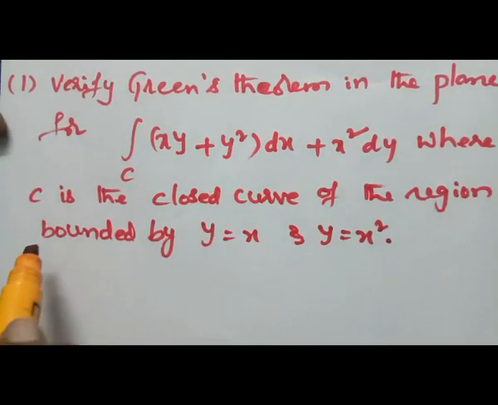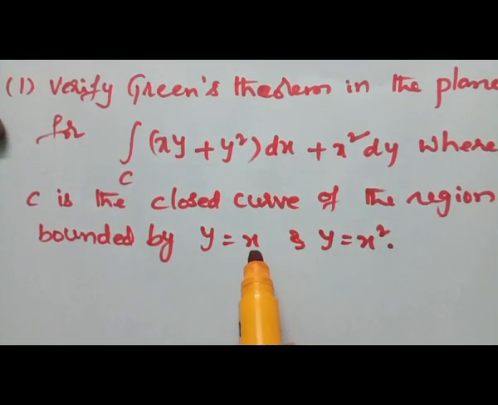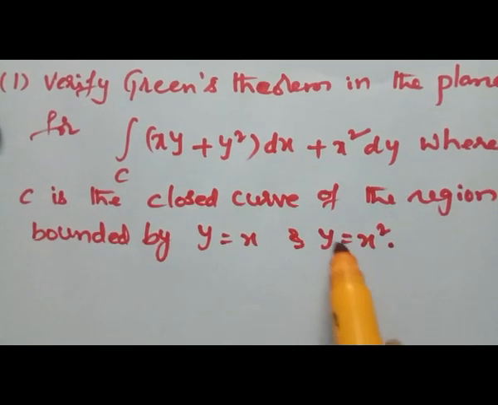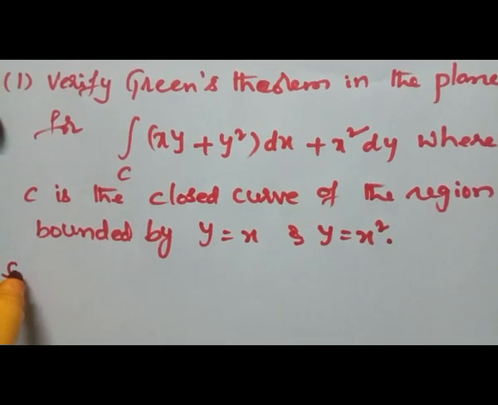Y is equal to x is a straight line passing through the origin. Y equal to x square is a parabola symmetrical about the y axis.